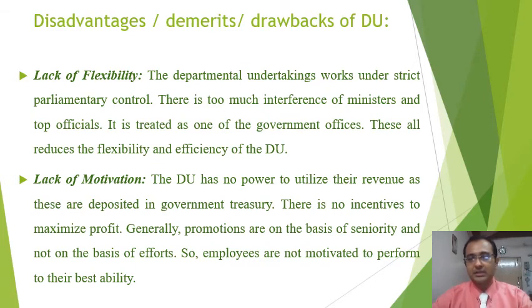The reason is that any official appointed to a top-level position in DU cannot utilize the revenue, because as DU is under parliament control, the power is not given to the DU to utilize their revenue in the way they want, and they have to deposit their revenue in the government treasury itself. In addition to this, there is no incentive to maximize profit.